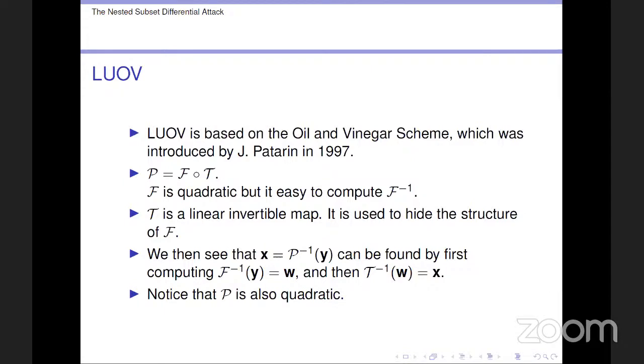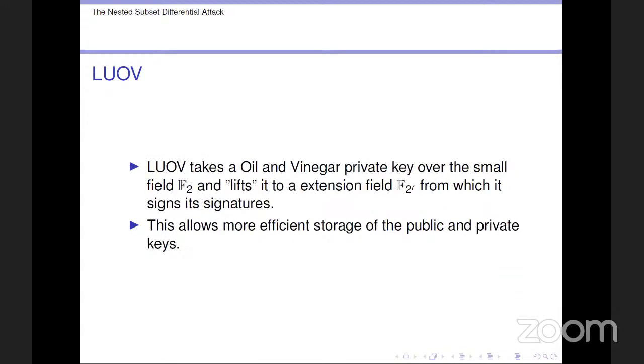T is a linear invertible map, and it's used to hide the structure of F. If those two maps have these properties, we can find preimages: X, the preimage of Y, can be found by first computing F inverse of Y, which is W, and then T inverse of W is equal to X. Notice that P is also quadratic, as it's F composed with T, and F is quadratic. I won't go into any details of how oil and vinegar works here due to time.